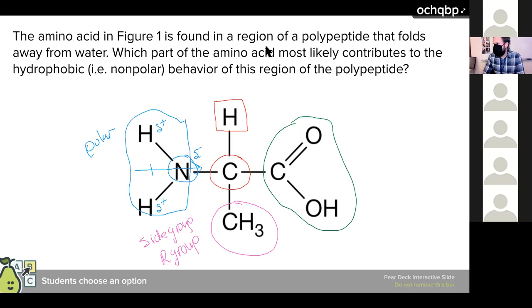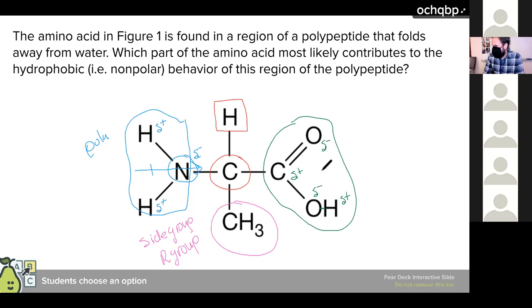If I come over here to the carboxyl group, once again, oxygen is more electronegative than carbon. Hydrogen is less electronegative than carbon, so there is a bond, not depicted here, holding the O and the H together.